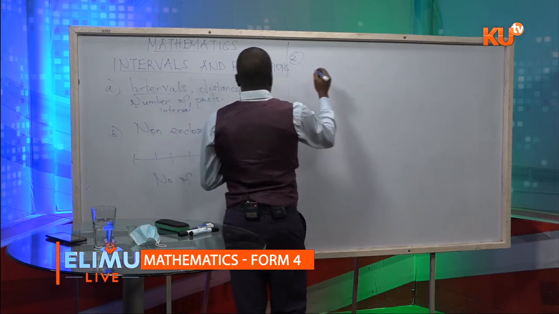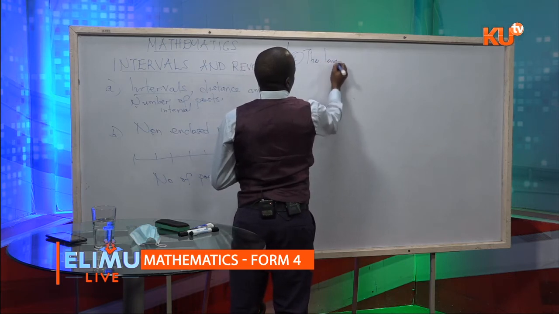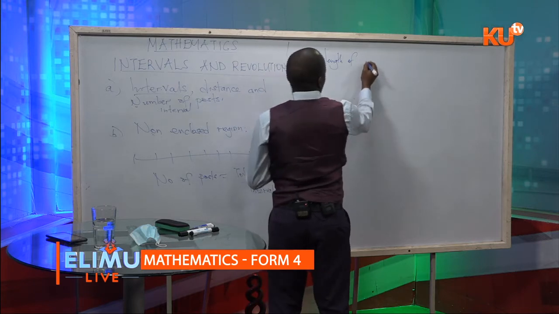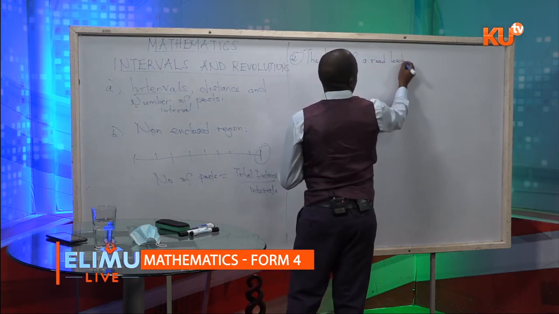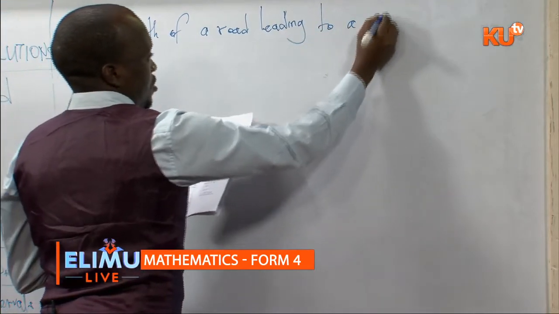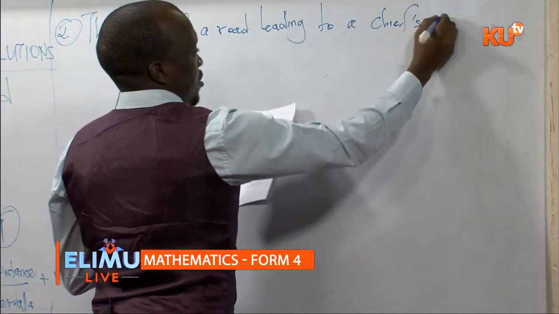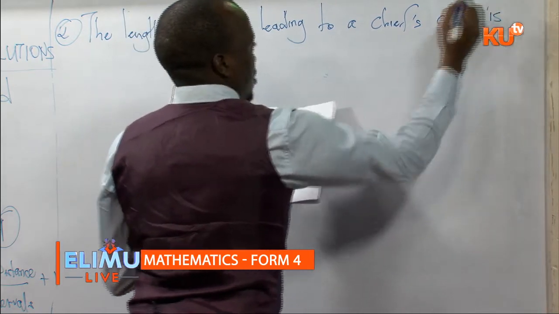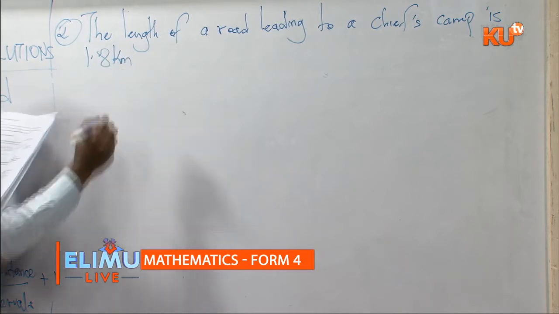so this will be our example too. The length of a road leading to a chief's camp is 1.8 kilometers.